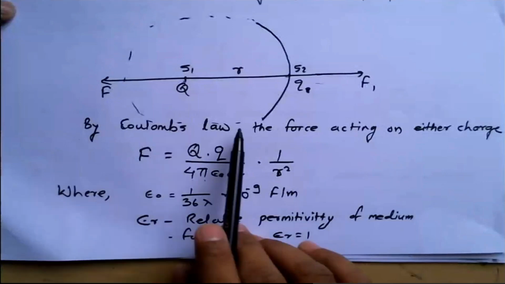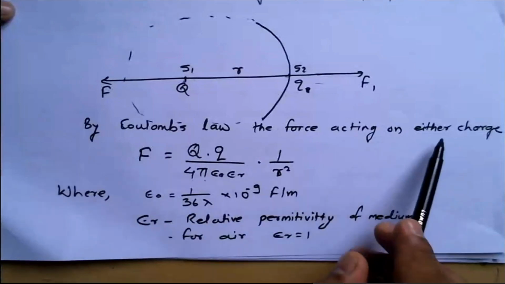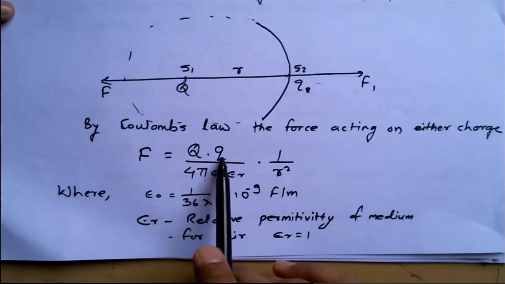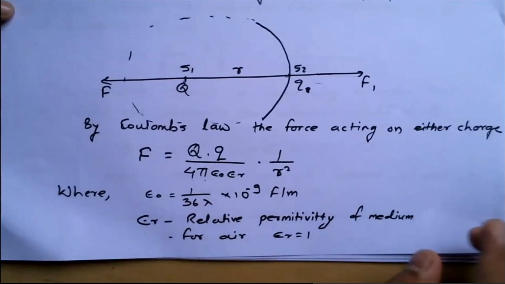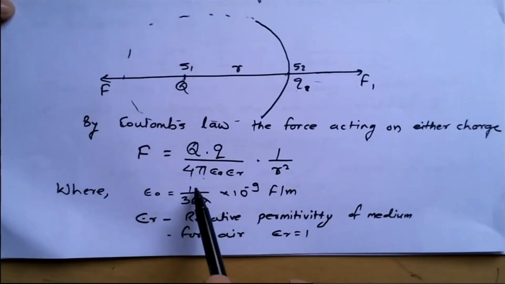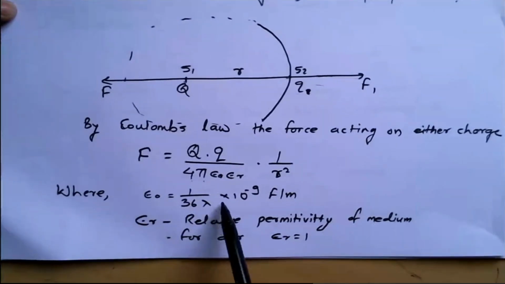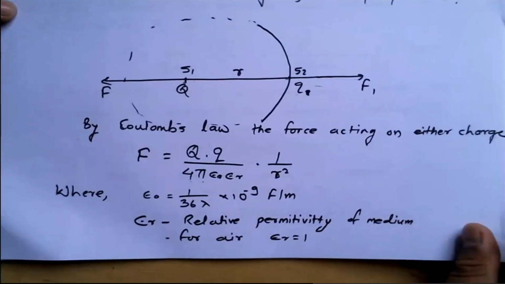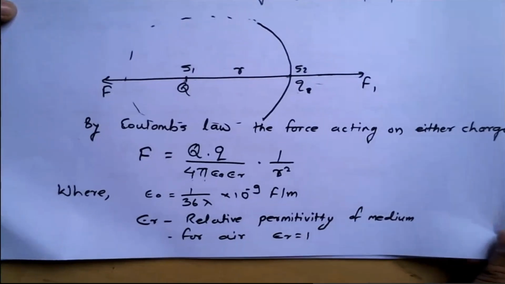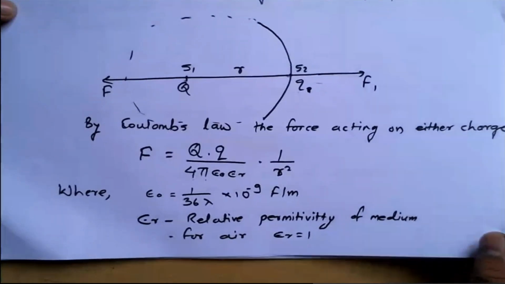As per Coulomb's law, the force acting on either charge is equal to capital Q into small q upon 4 pi epsilon 0 epsilon r into 1 upon r square, where epsilon 0 is equal to 1 upon 36 pi into 10 raised to minus 9, and epsilon r is the relative permittivity of the medium, which is equal to 1 for air.